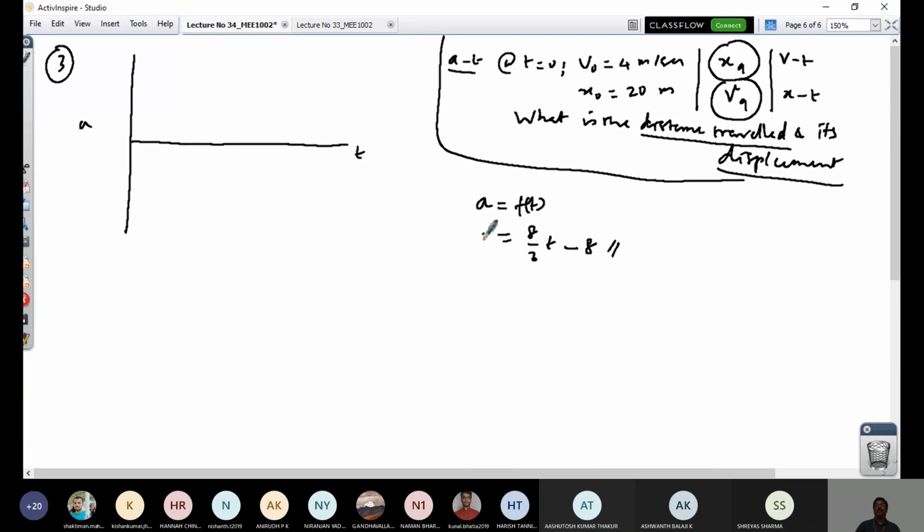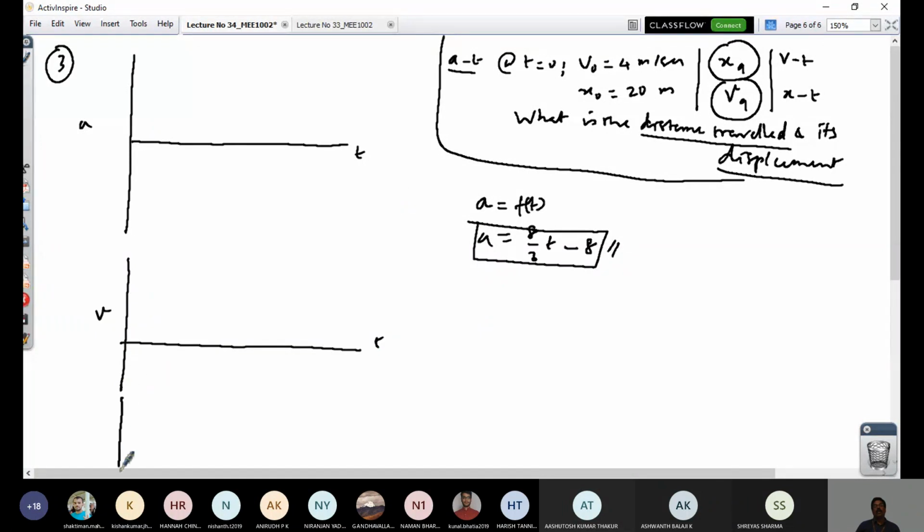Right, so you can plot this straight line, and with a you have to plot your Vt and your Xt, and also find out the distance traveled from 0 to 9 seconds and the corresponding displacement.